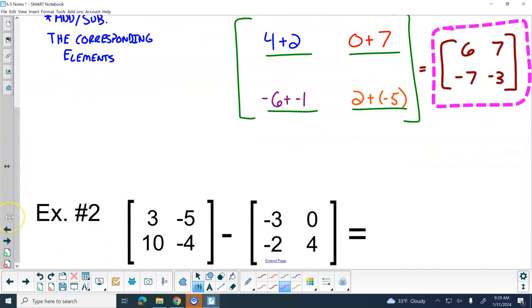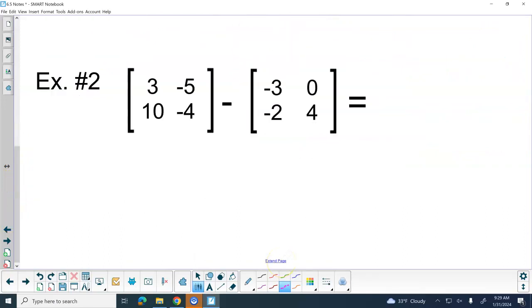You now try example number 2. So we should have 3 minus negative 3, negative 5 minus 0, 10 minus negative 2, and negative 4 minus 4. Both are 2 by 2 matrices, so they both work.